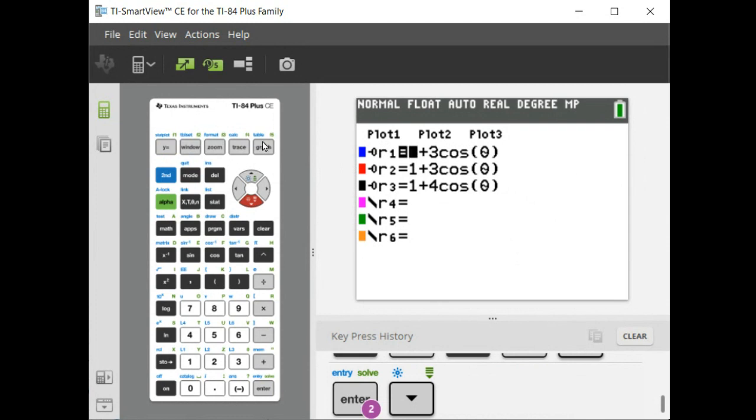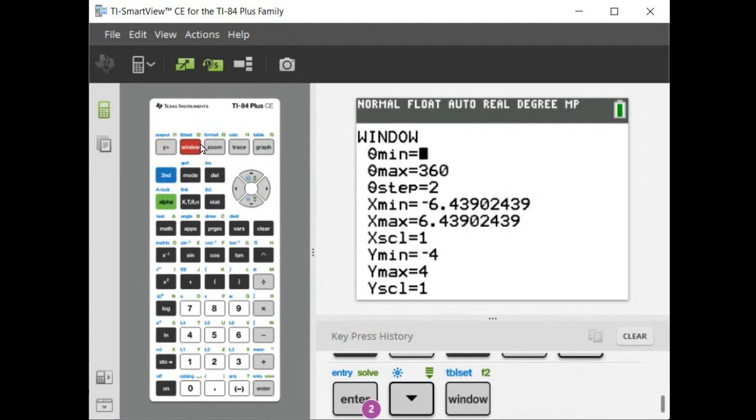It doesn't work. I tried after the class. What kind of error does it say? Window error, ERR: WINDOW RANGE. Oh, that's in here. Can you double check?